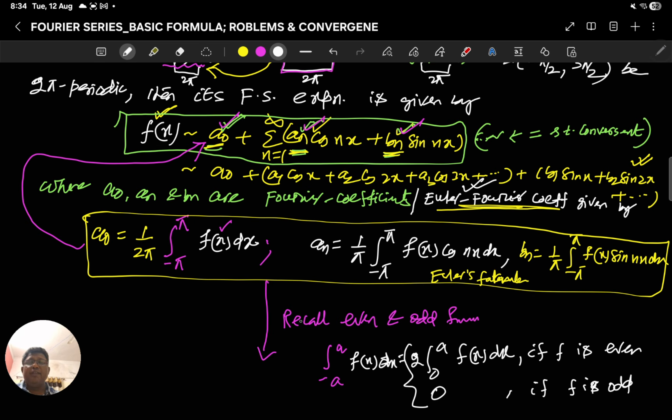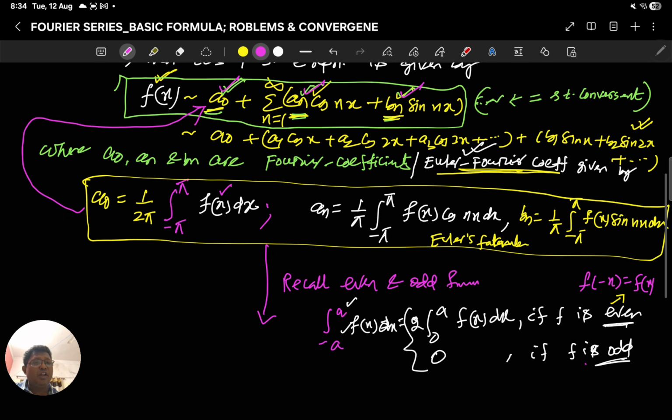So you see, since it is minus pi to pi, it behaves like minus a to a. So this even and odd nature of the function will affect these coefficients. How to find even? Even means f of minus x is equal to f(x). Odd means f of minus x is minus of f(x), right?